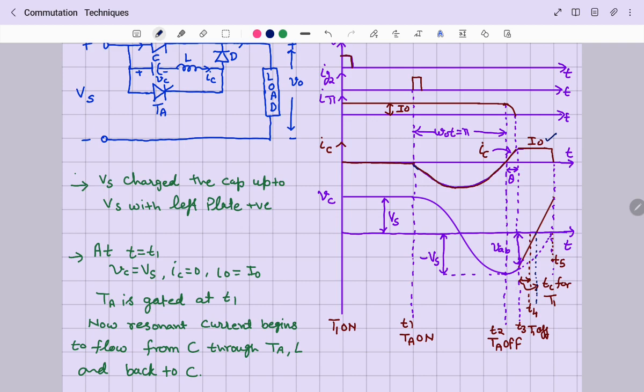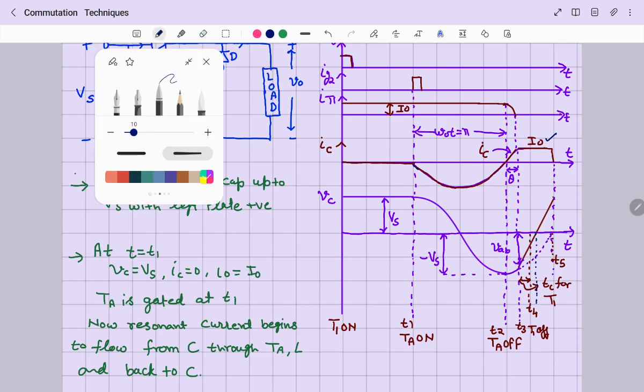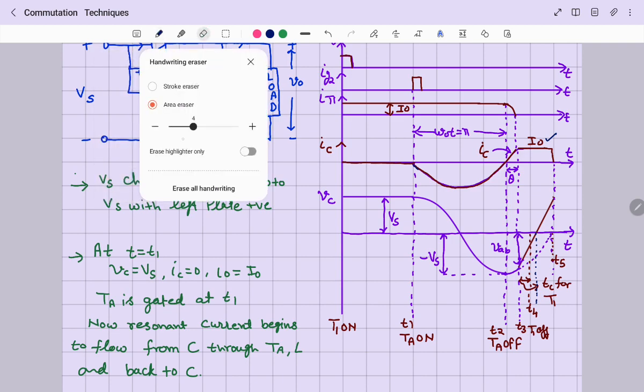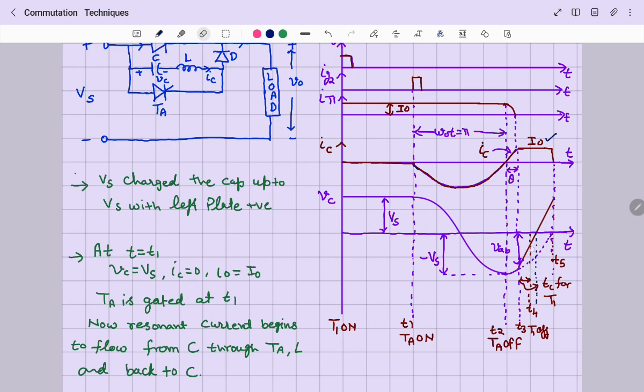This is your instant T4. Right? This instant is T4. Let me erase this. Just a moment. It is not here.